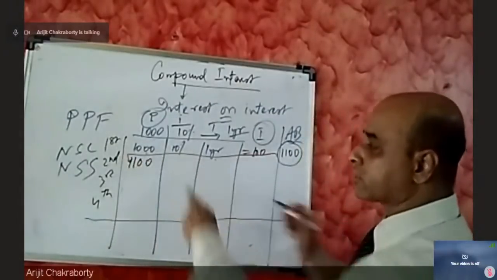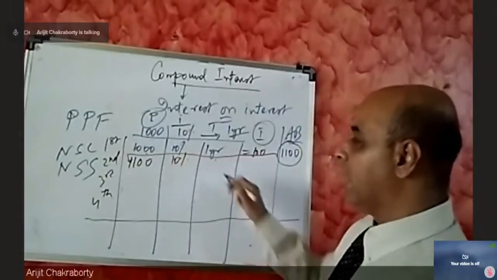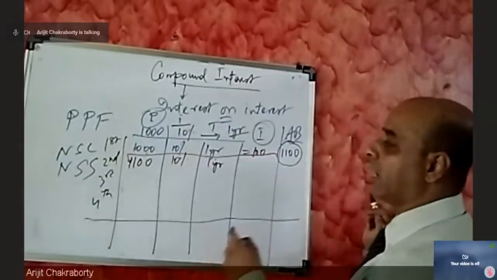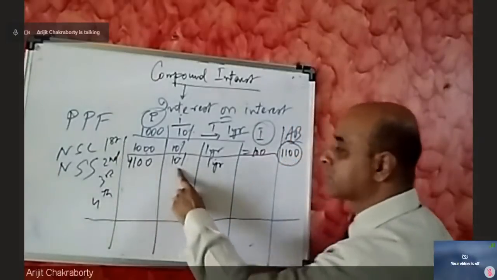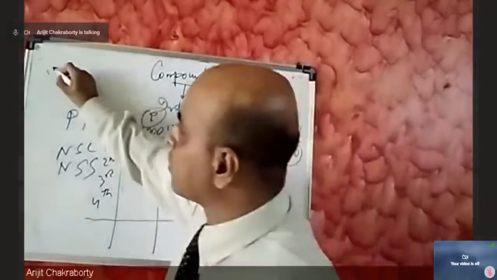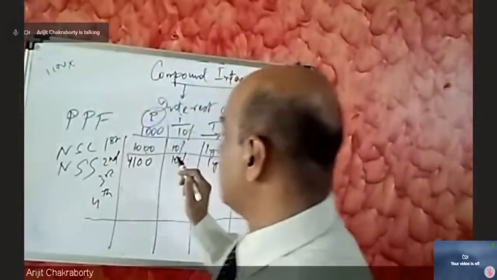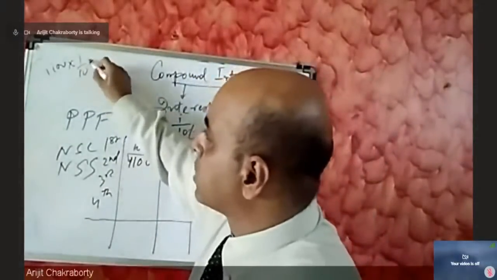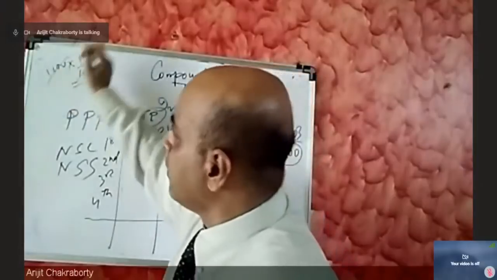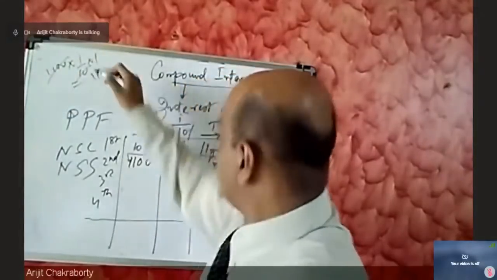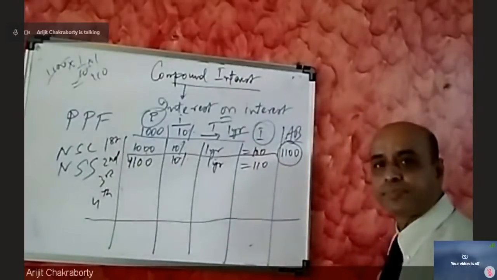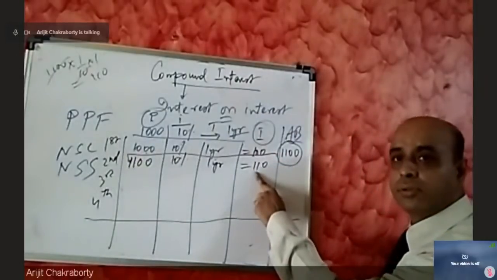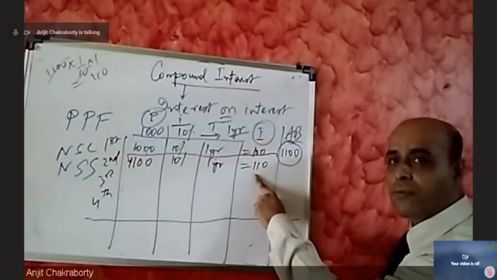Interest rate is 10%. Again for 1 year. So 1100 is my principal now, 10% for 1 year. So 1100 into 10%, that is 1 by 10 into 1. So I am earning 110 rupees as interest.